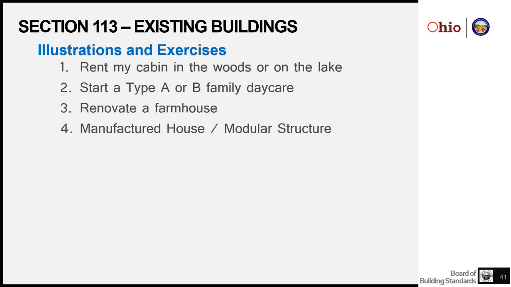Sometimes the industrialized units have requirements for additional pieces that are built on or added to that structure. The homeowner buys an industrialized unit or a modular structure. The manufacturer of the modular structure has a requirement to get approval from the IU program here at the Board of Building Standards. The owner has a responsibility to get approval from the local jurisdiction, the local building department, for all that on-site stuff.